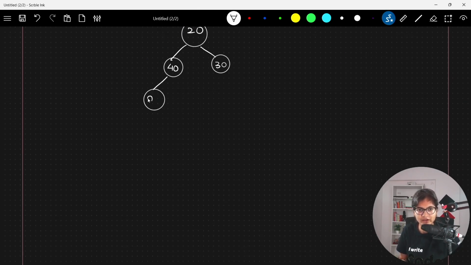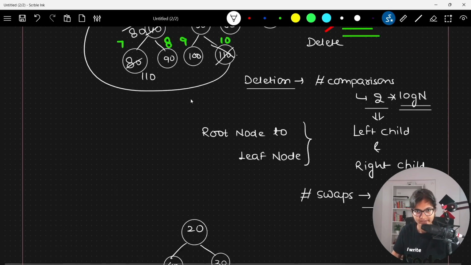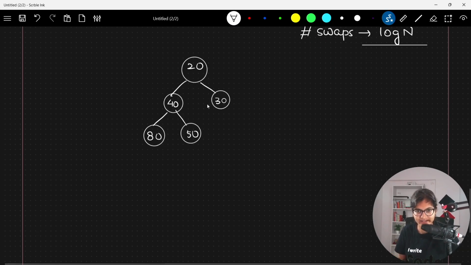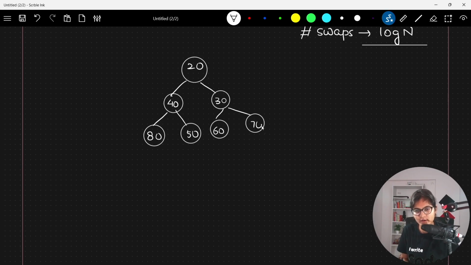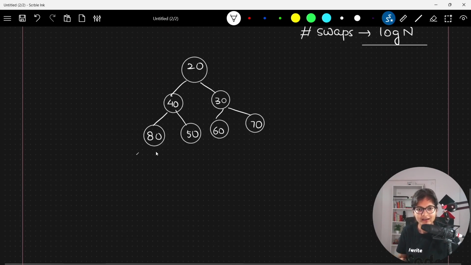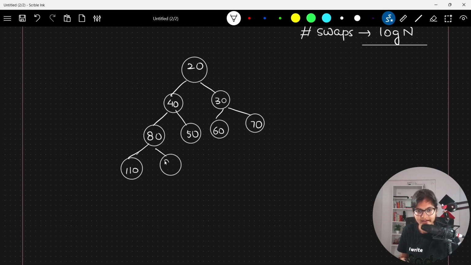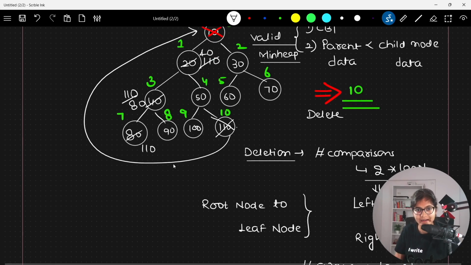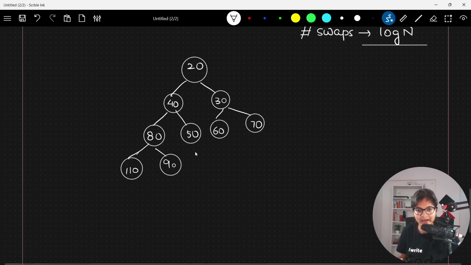So 80 will be on the left side, 50 on the right side. After that, we will have 60 and 70. So 60 will be on the left side, 70 on the right side. After that, we will have 110 and 90. So 110 will be on the left side, 90 on the right side. After that, we will have 110.